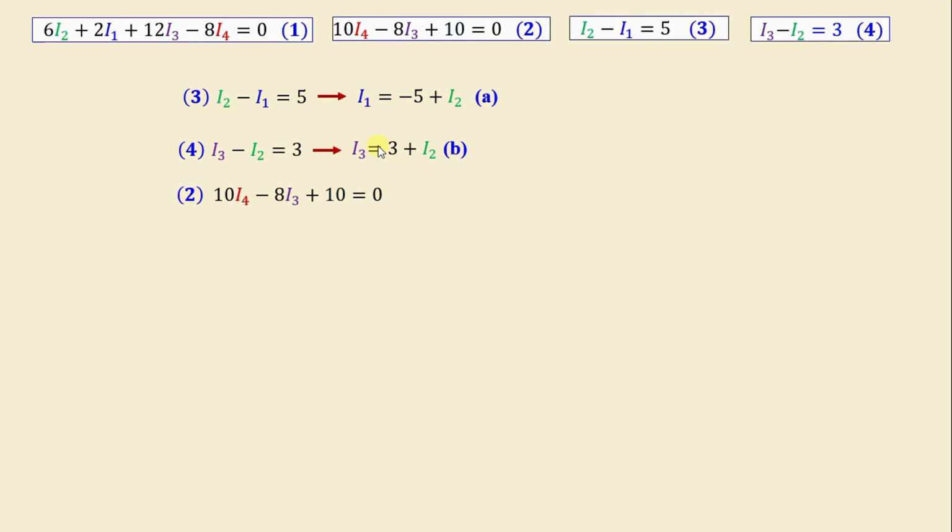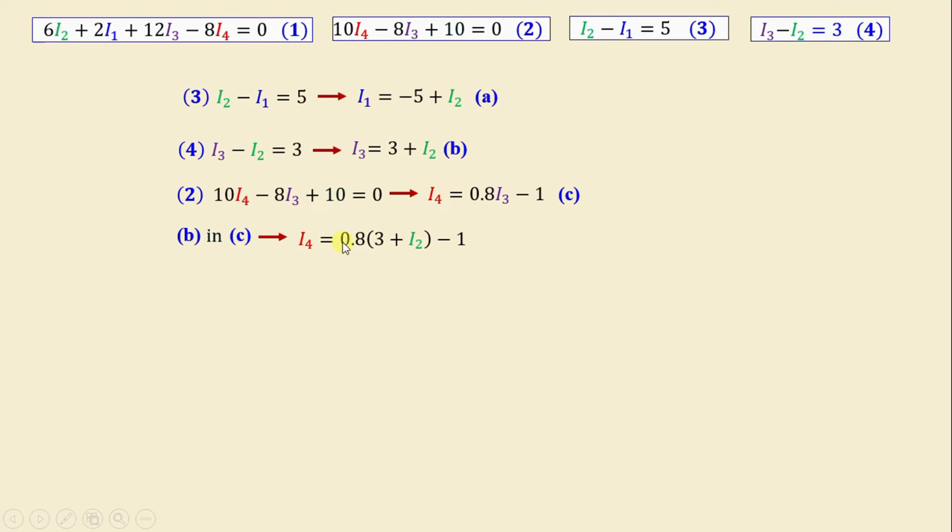Let's move on to equation number 2. We have 10I4 minus 8I3 plus 10 is equal to 0. That means I4 is equal to 0.8I3 minus 1. I will call this C. By substituting B in C, we can write I4 also in terms of I2.